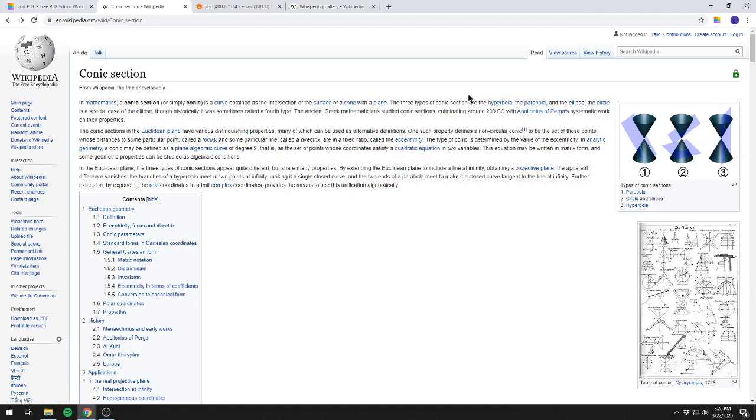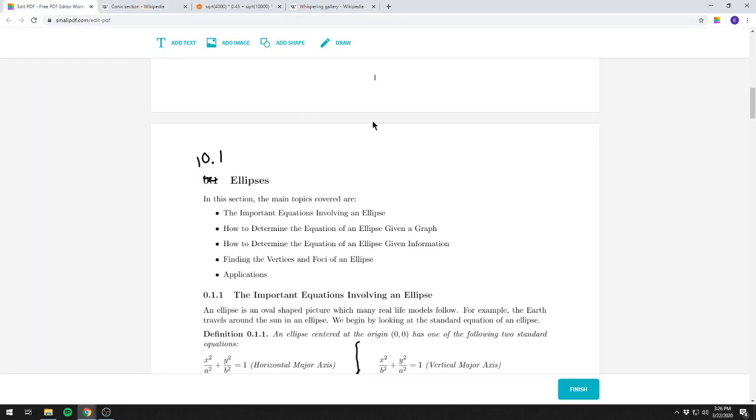As far as using resources for this stuff, there's a lot of different types of formulas depending on what you're going to deal with. So what I'm showing you today is really what you need to know. There's a lot of stuff about conic sections, but you should really just take in the points that we're going to be talking about here.